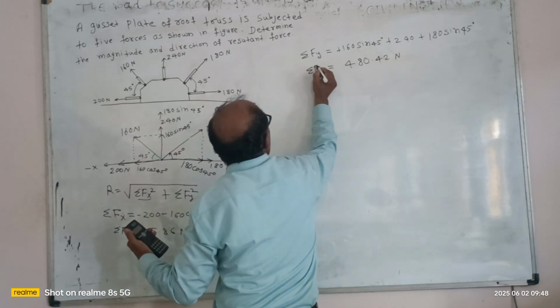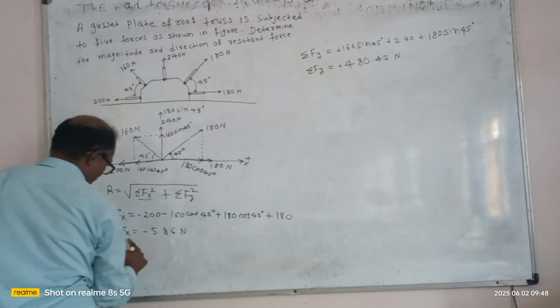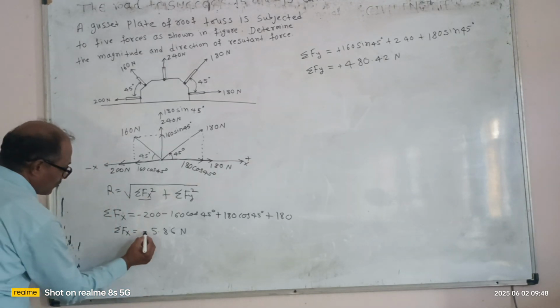It comes positive, and the summation of Fx comes negative.